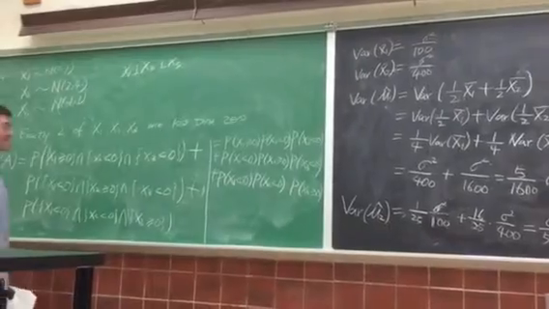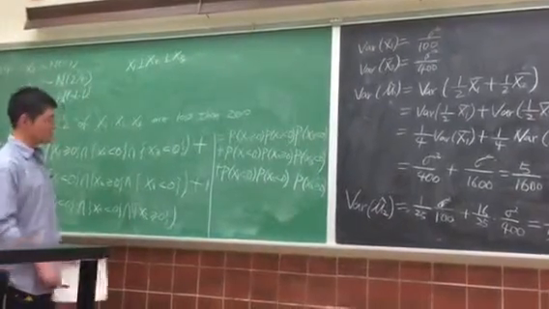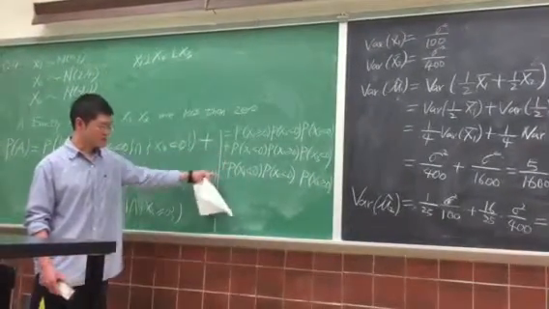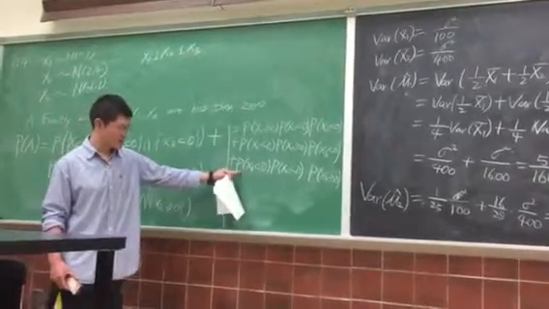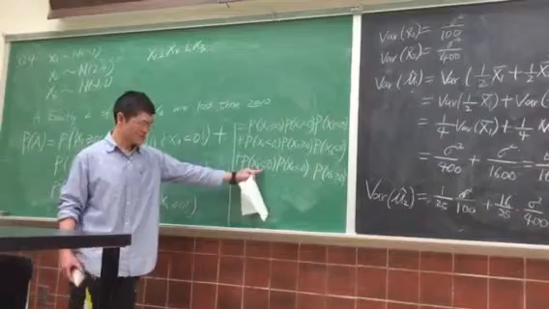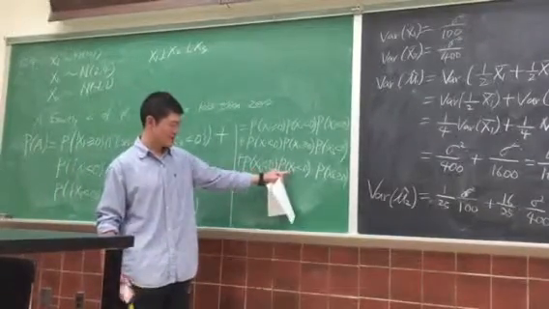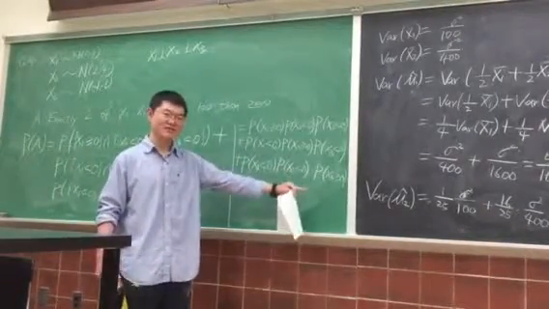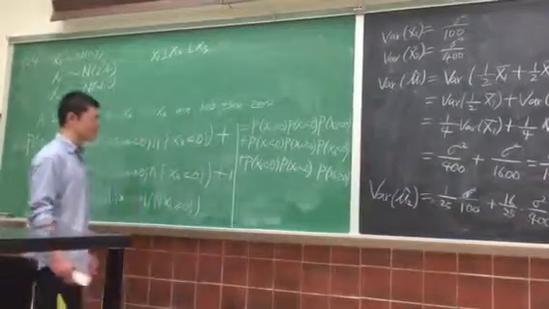So for this question, you just need to know independence, and you just need to know how to come up with the probability that x1 is smaller than 0, and x2 is smaller than 0, x3 is smaller than 0.